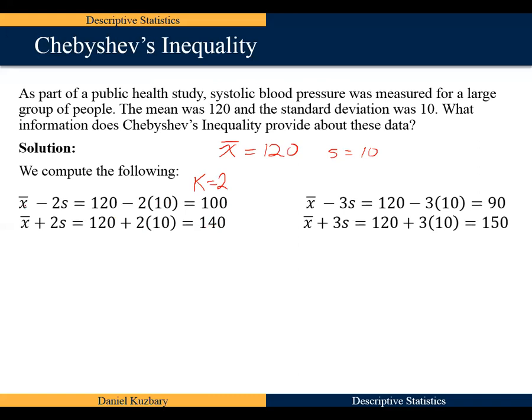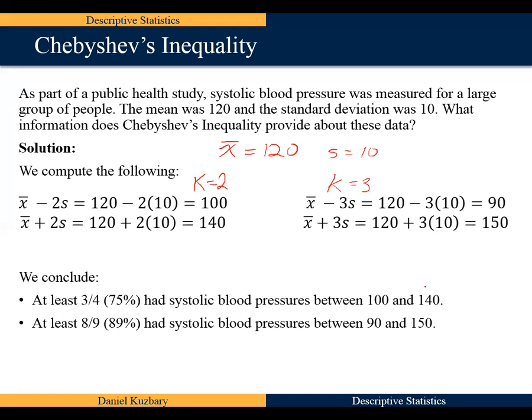So that's my x bar minus 2s, x bar plus 2s. If I want to do k equals 3 and talk about what's going on within 3 standard deviations of the mean, I'm going to take 120 and subtract 3 of these, and I get 90. Or I can add 3 of these and get 150. And that's where those numbers come from. So it works just like the empirical rule when you get started. You're adding 2 standard deviations, or you're subtracting 3 standard deviations, and so on.